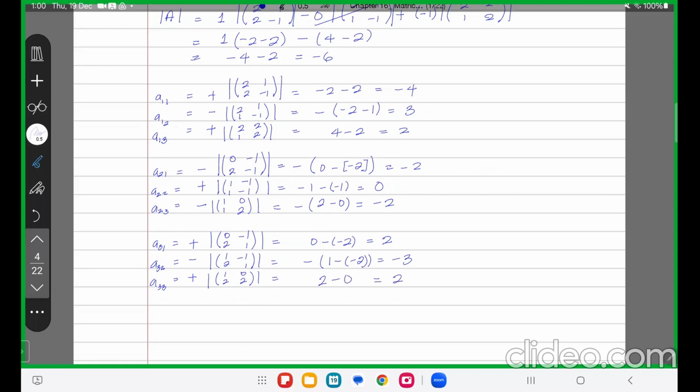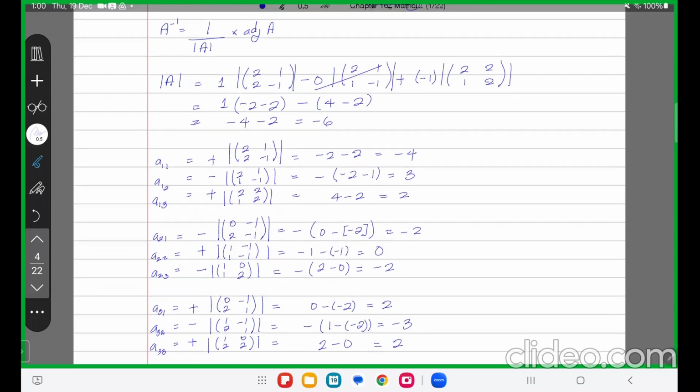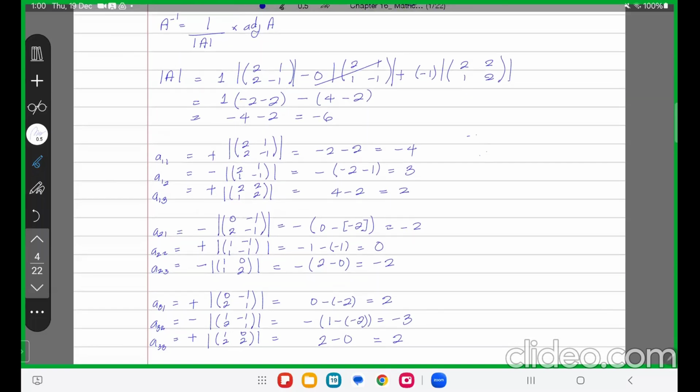This is 2. So the matrix of cofactors would be minus 4, 3, 2, minus 2, 0, minus 2, 2, minus 3, 2. That's the matrix of cofactors.